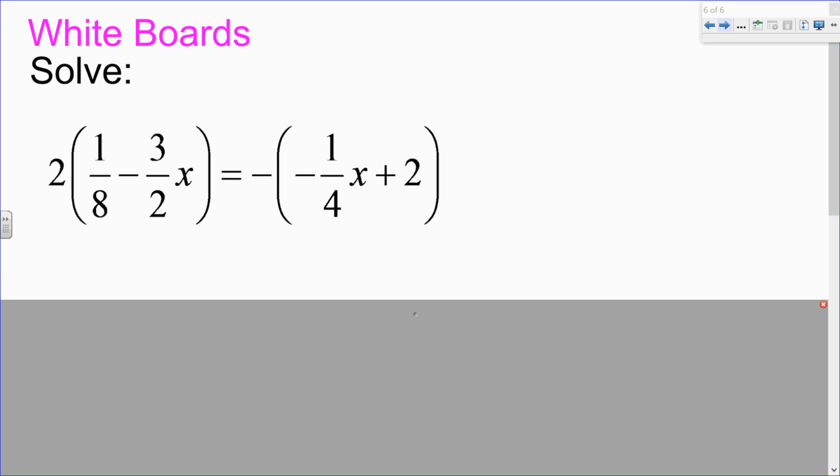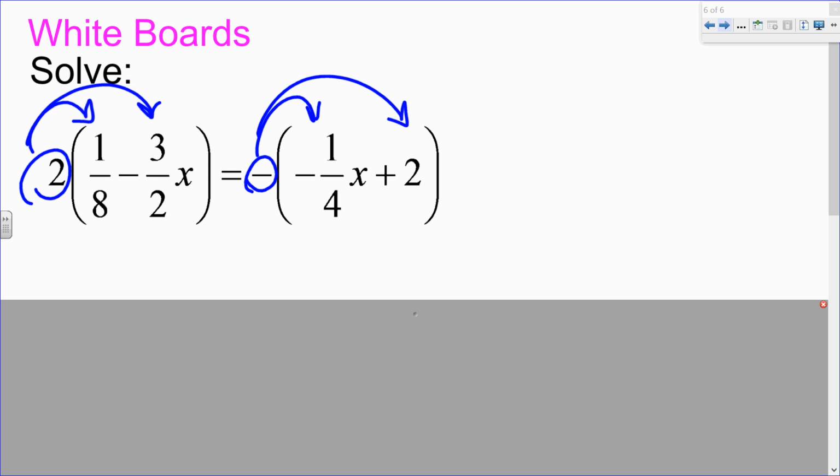And for this one, I would say distribute first on that side and on this side, and then see if you need to clear fractions or not. But you always want to distribute first. Otherwise, we get confused and we start multiplying the 2 by something and the 1/8, and then we've got too much multiplying going on.